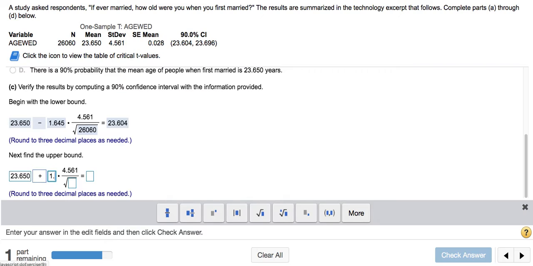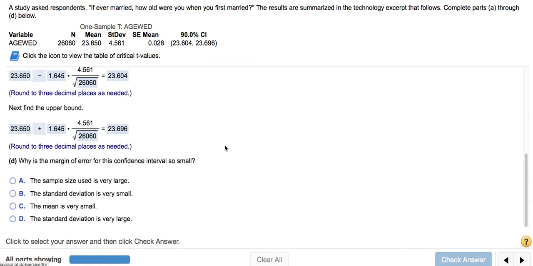It's going to be 1.645. We're dividing that standard deviation by the square root of n, which is this number, 26060. And that value will take you to the upper bound, which should be 23.696. So these are the formulas that determine the confidence interval.